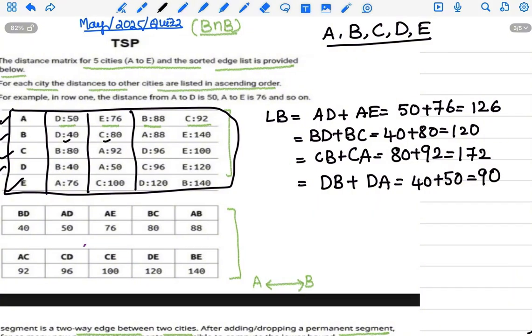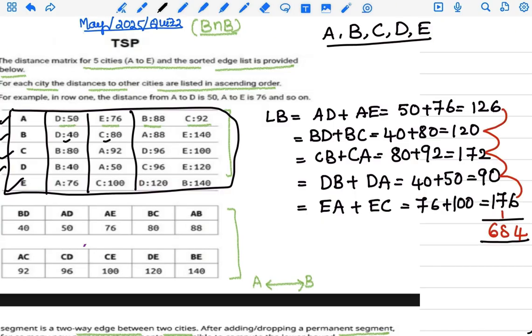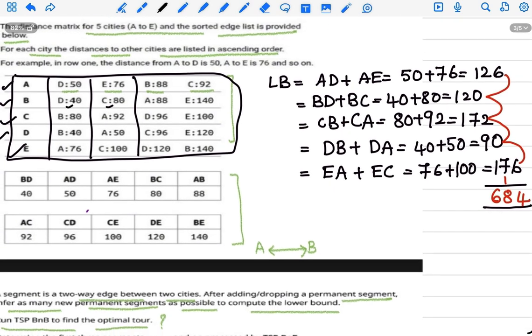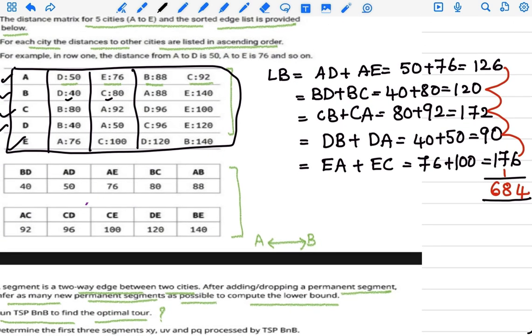Next from city E, EA plus EC, that is 76 plus 100, 176. So the sum is 684, and the lower bound equals 684 by 2, that is 342. This is the answer for the first question. This is the lower bound.